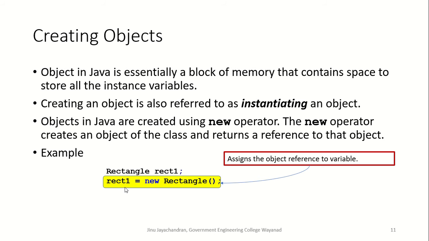When you assign this variable rect1 using new Rectangle, when you say new, it means you are going to create a new memory location of type Rectangle, and the reference of that memory location is passed to the rect1 variable. This is where the actual object is being created.